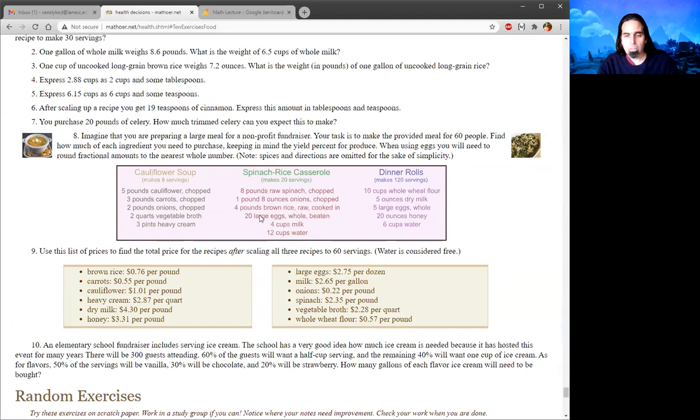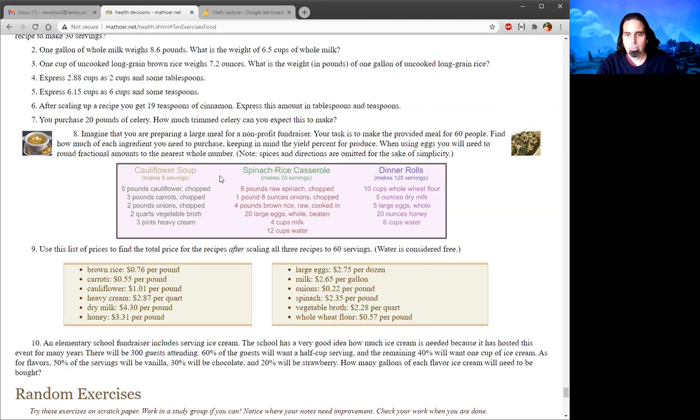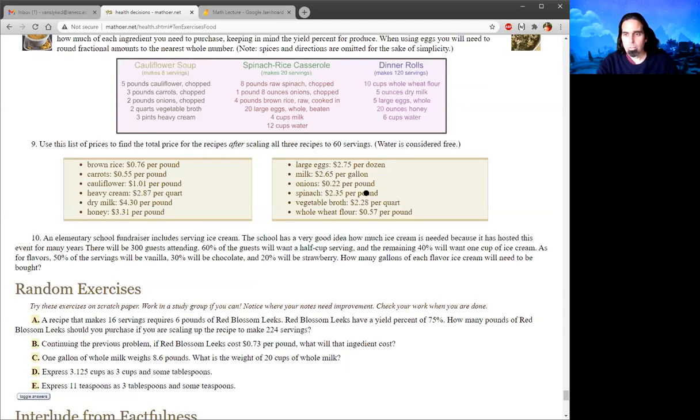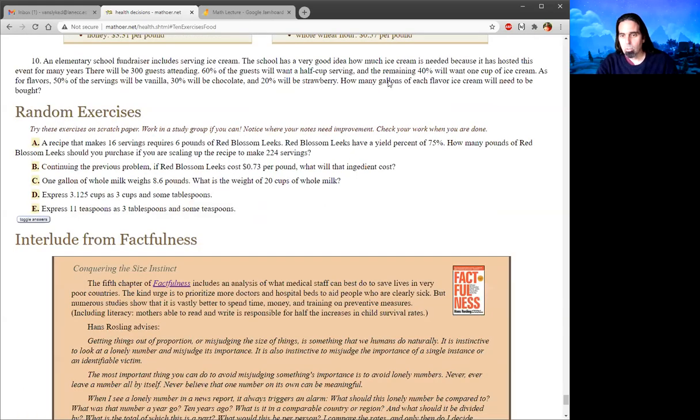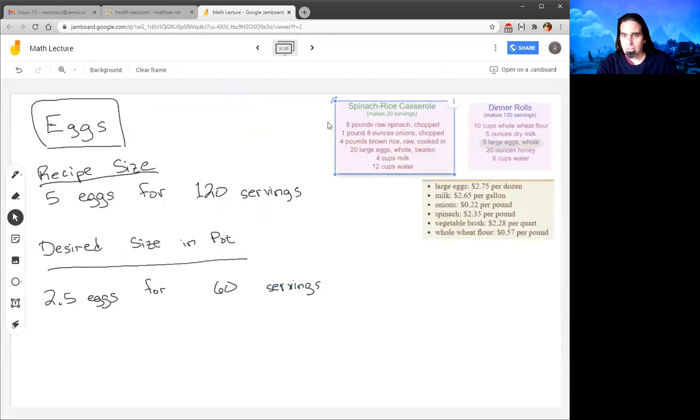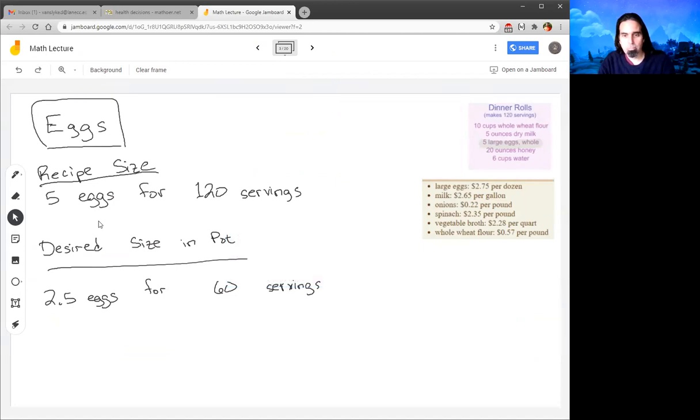I picked a complicated one and didn't mean to. We need eggs for the spinach rice casserole also. So yeah, let's do that. Oops. I messed up. I don't want to do the 2.5 only because that's like only part of the problem. So we also need, how do I organize this? Let's put that on another page.